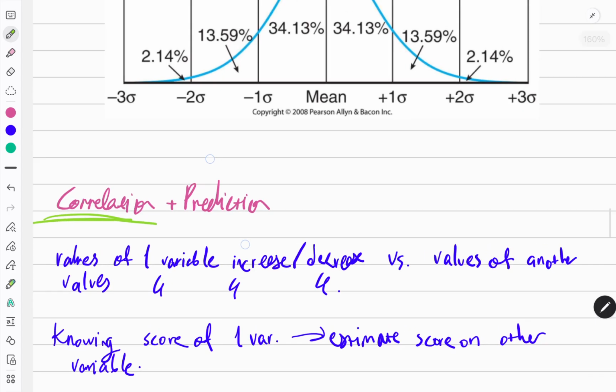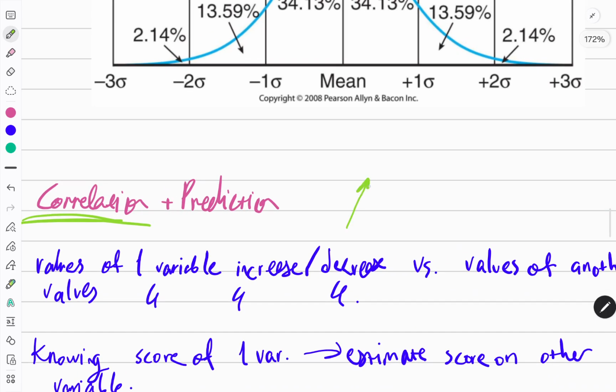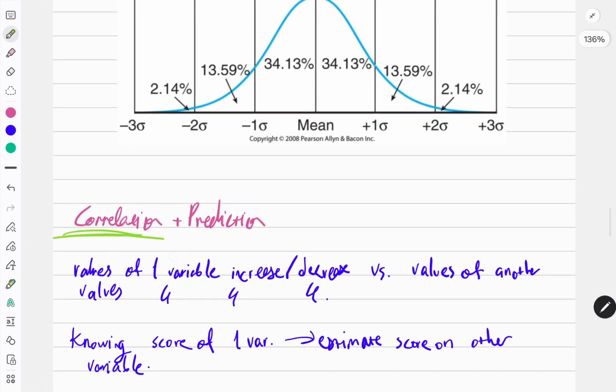And if they're correlating, maybe we can say that if the first variable is increasing, then the second variable will decrease even further. So we can kind of assume that.